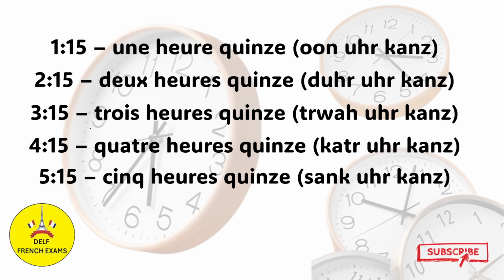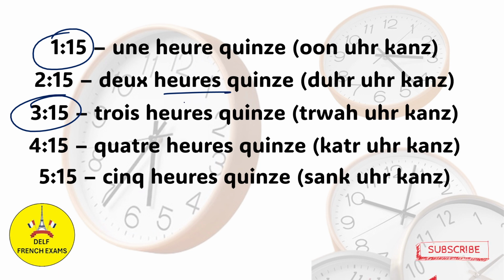Some more examples. Une heure quinze, that is 1 hour 15 minutes. Next is deux heures quinze. 3:15 is trois heures quinze. Quatre heures quinze. Quatre is 4 hours and this is 4:15.